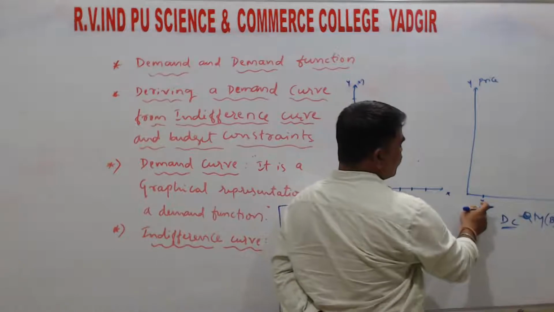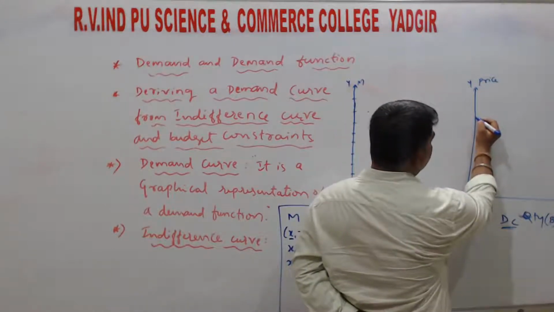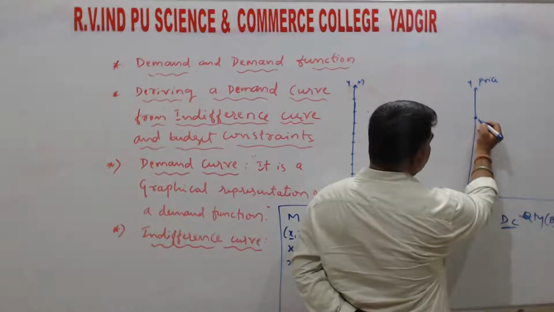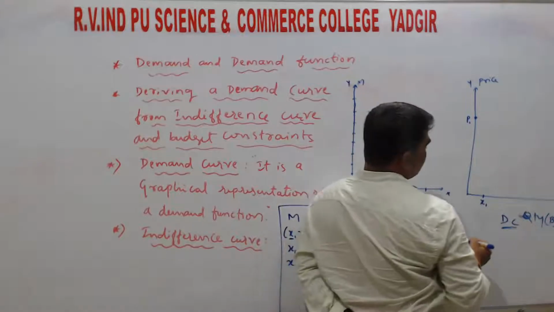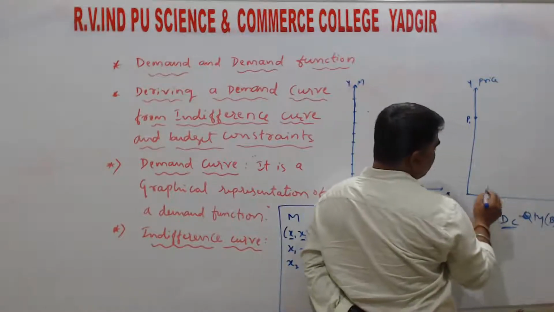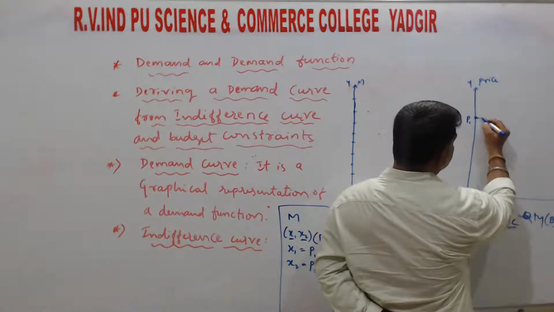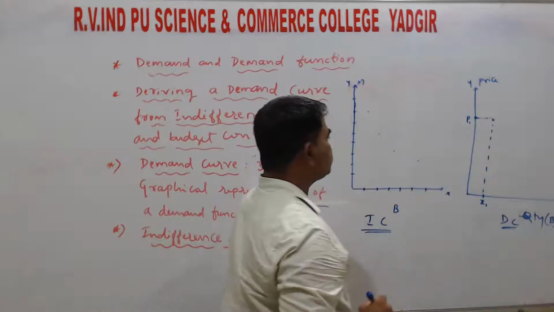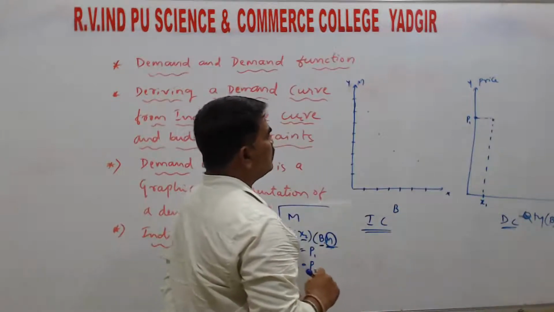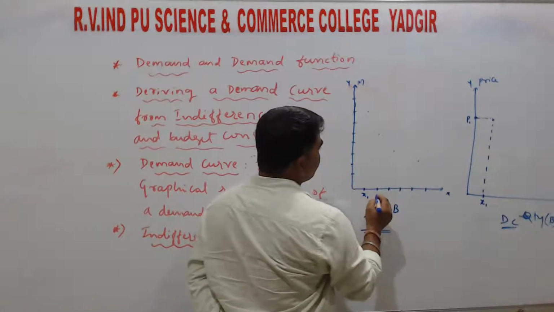This is the quantity of banana. If the price of the banana is P1, then we will go with this quantity. Okay? And this is banana, the same quantity.